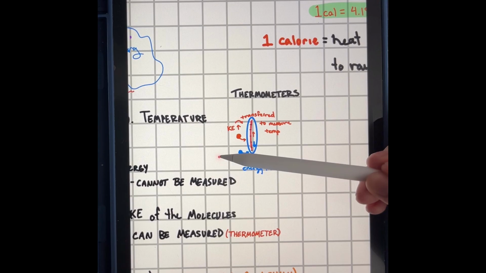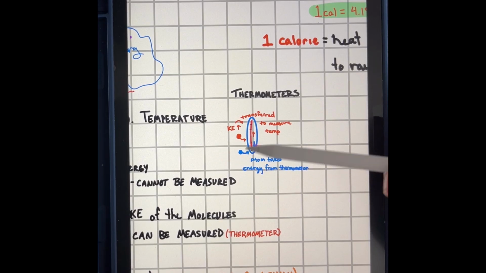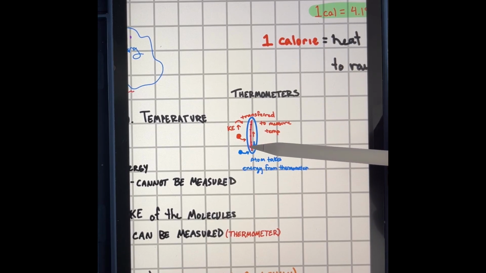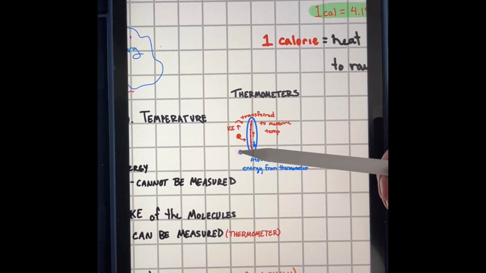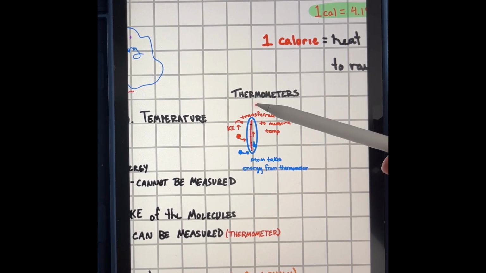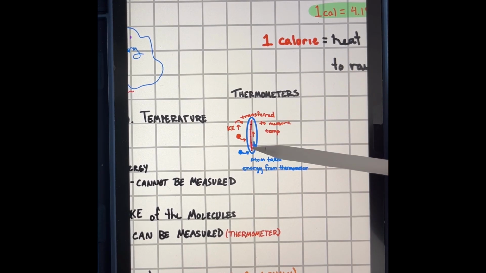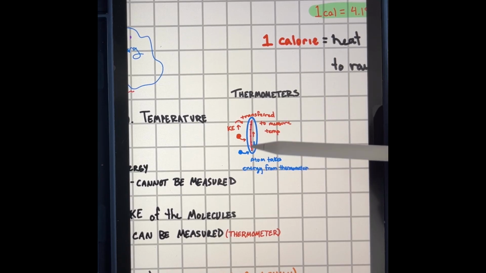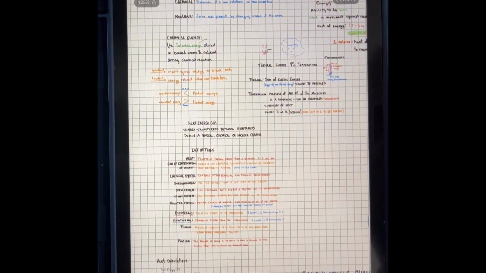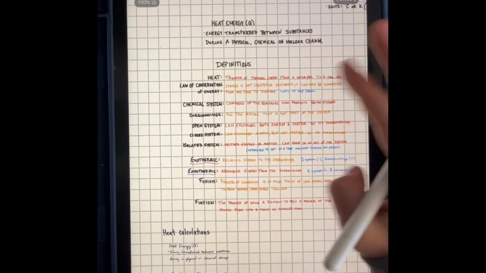If they're moving slowly, as they hit the thermometer, it is going to take energy from the thermometer, which is this red part right here, and it'll drop, which means the molecules are moving slow, meaning that it's a colder substance. If they're moving fast, as soon as they bump into this, it's going to spike the energy. It's going to spike the red little line, so that's saying that it's hot. Anyways, that's a simple explanation. I don't know if that's perfect.